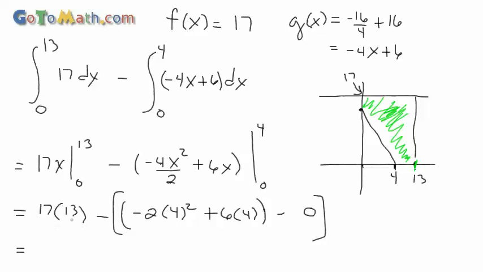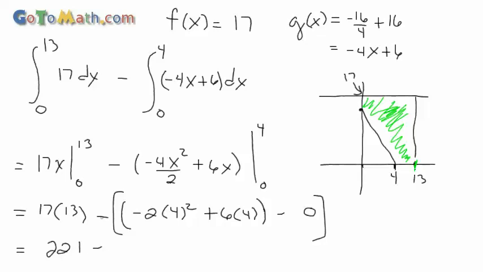Does anybody know what that is? 17 times 13, let's see, 221. Minus, so this is 16, this is 32, negative 32, plus 24, it looks like. Whoops, so 16 and 2. Okay, negative 32 plus 24, you get negative 8.